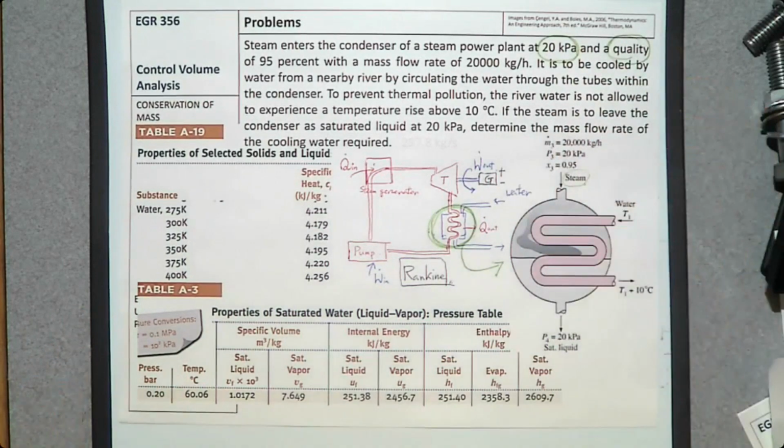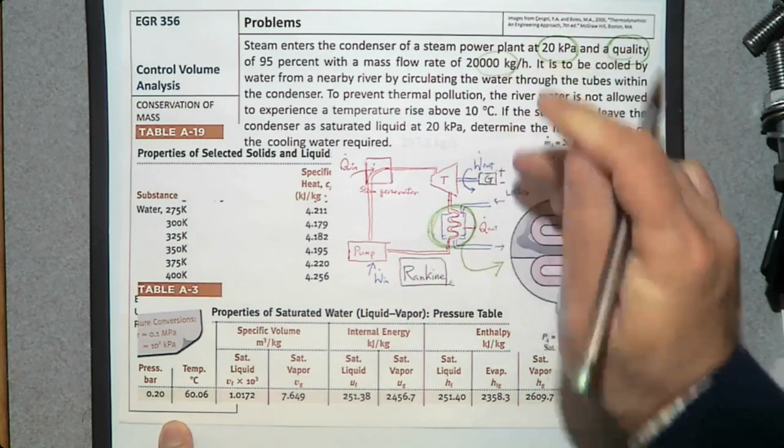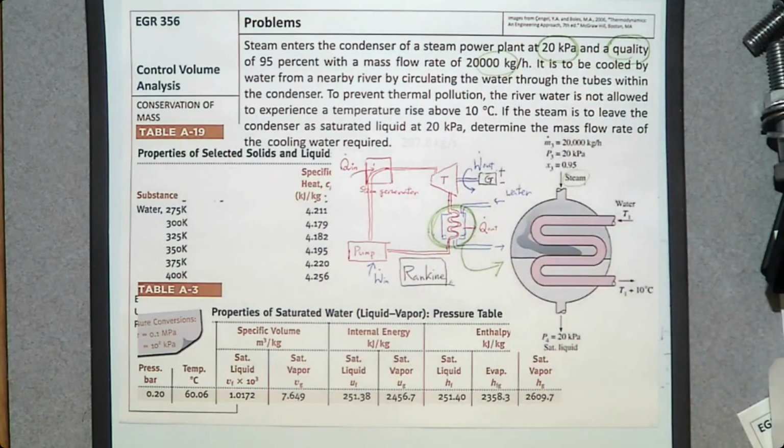By the way, we have a quality, which is 95%. If you have a quality, that means the phase change process of the steam is going to be number 3, saturated mixture. And we have the mass flow rate. So we have everything at the inlet of the steam.